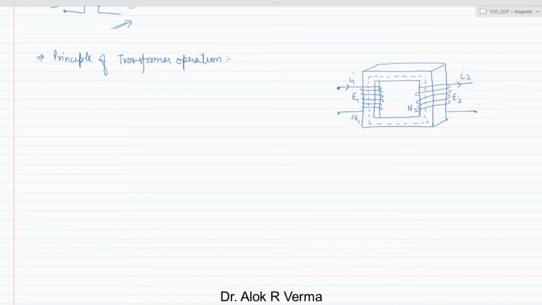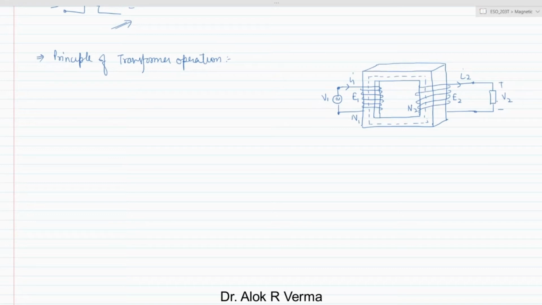So what happens in this particular case? The transfer of energy takes place from this coil side. So this side, suppose your load is connected, and this side your supply is connected. Okay, so V1, and the voltage which appears across this, V2.